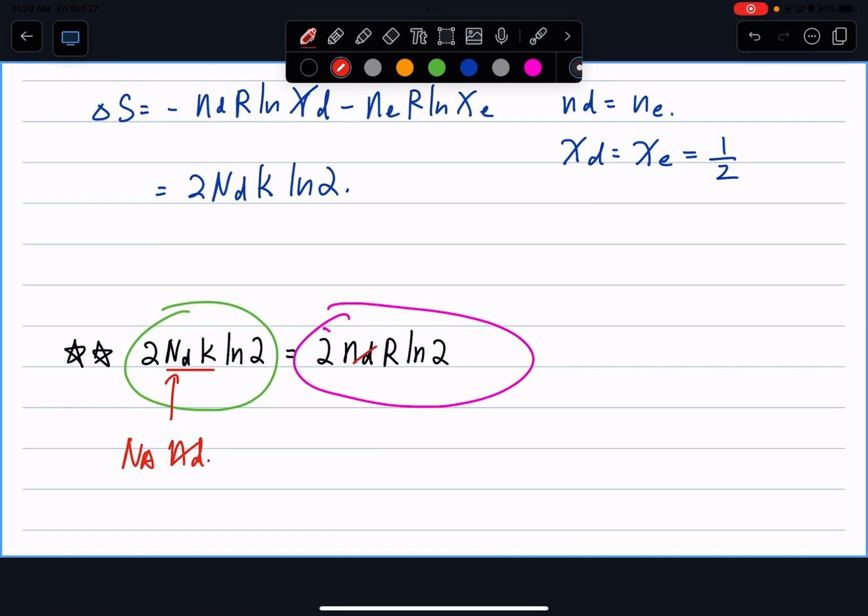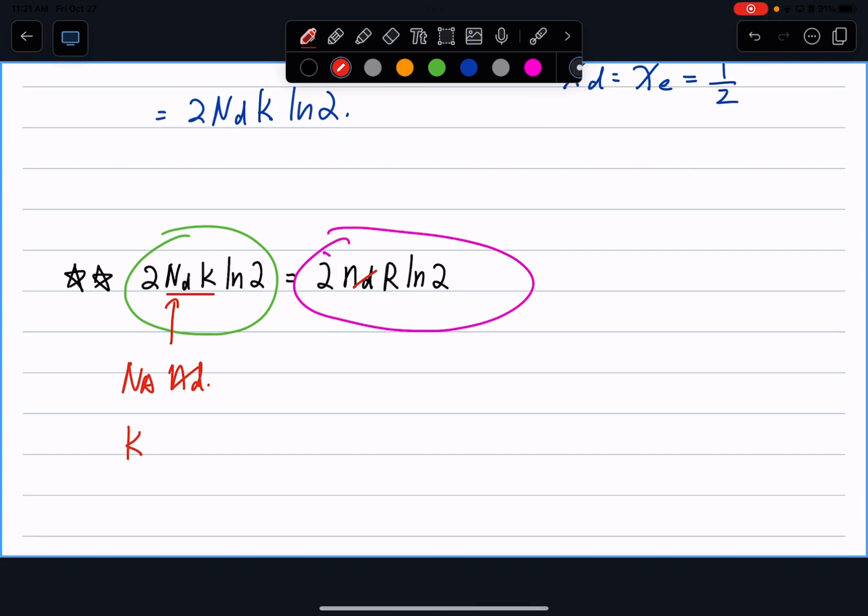So what that tells us is your k constant equals your gas constant divided by your Avogadro constant. And your k here, that's our Boltzmann constant, which is one of our universal constants. That's 1.38 times 10 to the negative 23 joules per Kelvin.